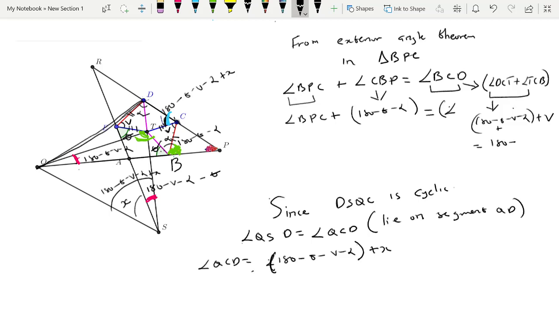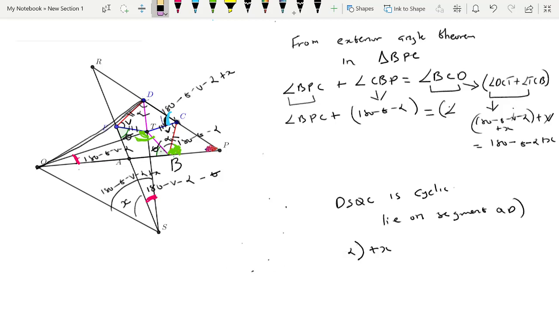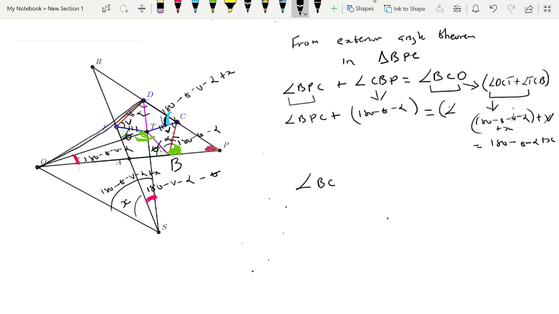So the v cancels, and this is 180 minus theta minus alpha plus x. So let's write it out: angle BCD is 180 minus theta minus alpha plus x. Okay, this is good.